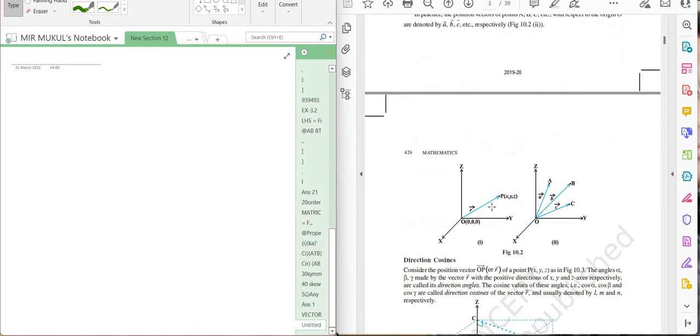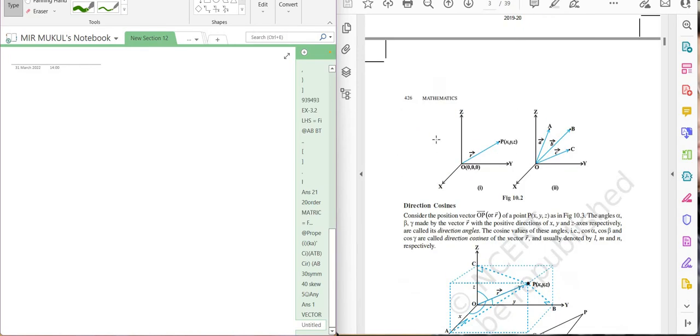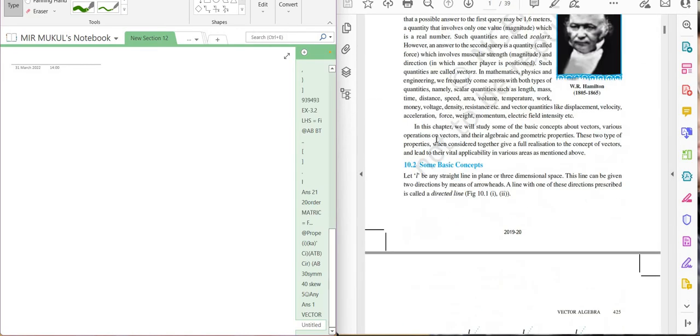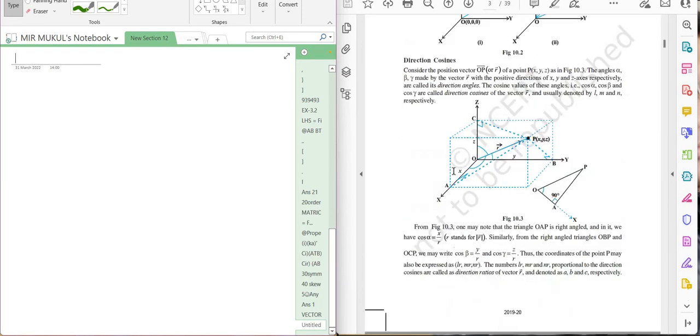Now the second concept is direction cosine. So this is the first concept, vector, and second is direction cosine of a vector. So this is a very important concept, we have to understand it properly.